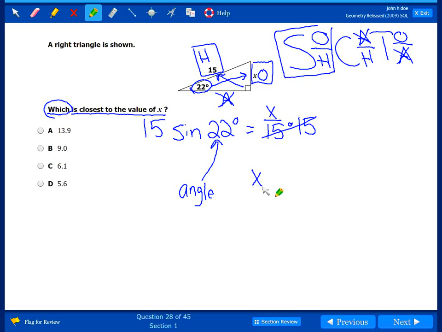So we get x is equal to 15 times the sine of 22 degrees. Once again, if you're doing this on the calculator, make sure that your calculator is in degree mode. So we get x is equal to 5.6.